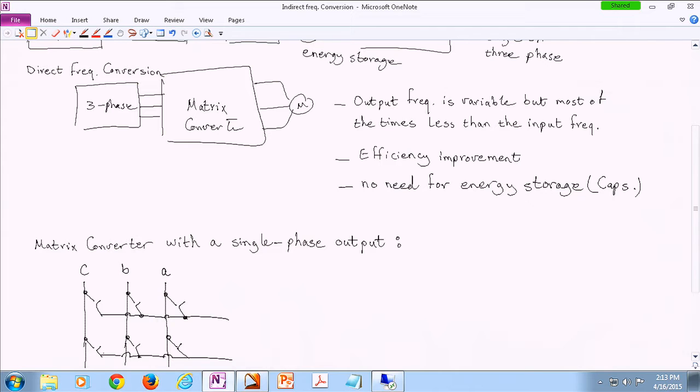Okay, so I'm labeling these switches A1 and A2, although A1 and A2 are not complementing each other or anything, just because they are connected to line A, I'm just calling them A1 and A2, then B1 and B2, and then C1 and C2. And this is our output voltage.